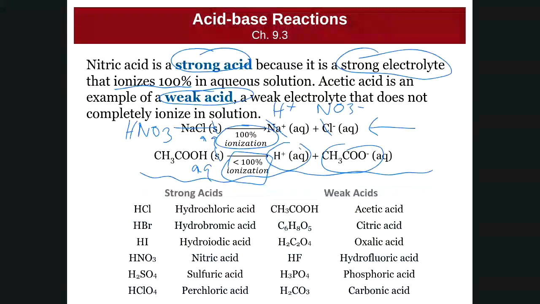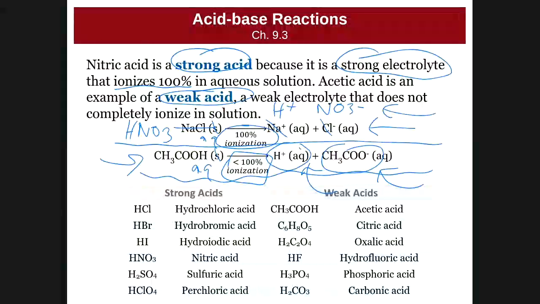So a weak acid does not completely dissociate. With a weak acid, you'll find some protons, you'll find some of our anions in solution, but you'll also find some completely intact acetic acid molecules. Whereas when you put nitric acid in aqueous solution, you get only the ions.